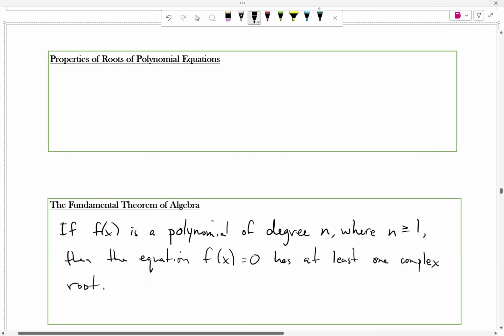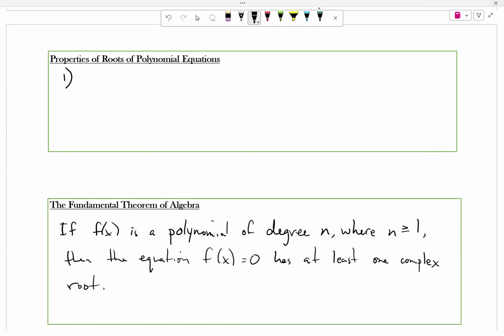So the first one, I'm going to get this one here. If the degree of a polynomial equation is n, then the equation has n roots.